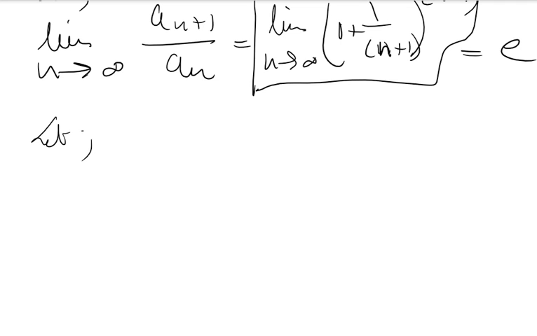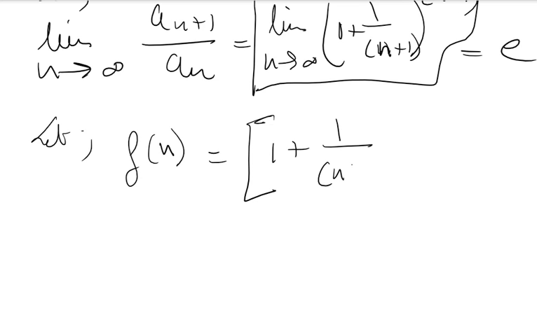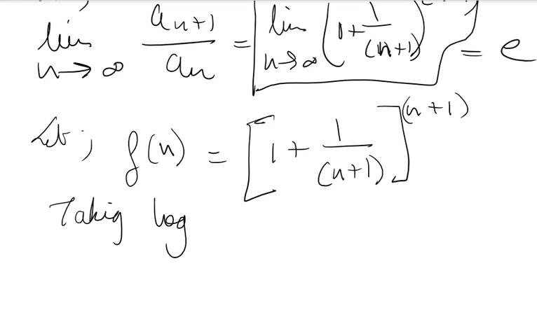Let's say f of n is equal to (1 plus 1 by n plus 1) whole to the power n plus 1. Okay, now you do this: taking log on both sides.